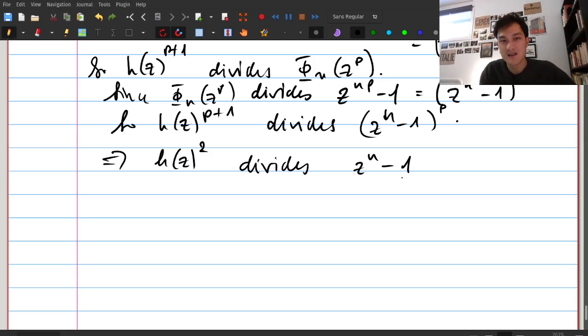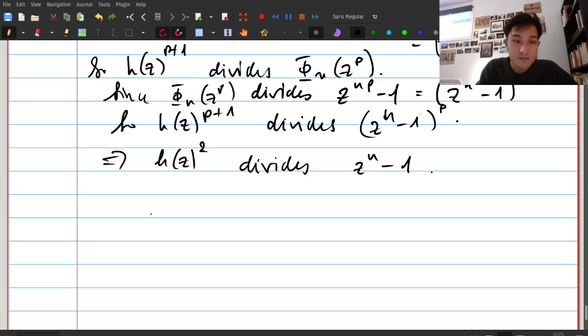Just stare at this and it'll make sense. You can't have it any other way. If it didn't divide z to the n minus 1, then taking p powers, once you strike away all the other ones, you're left with a 2. You kind of need to have a 2p here, just because of integer powers. I did not explain that very well, but it certainly follows.